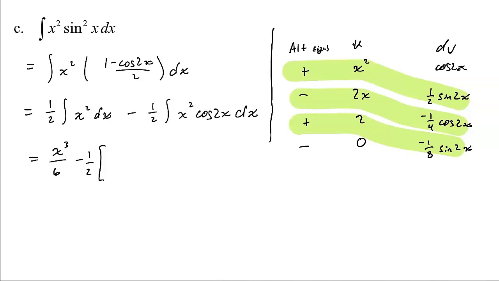So I have x squared sine of 2x over 2 plus x cosine of 2x over 2, since that will reduce, and minus 2 over 8 is 1/4, so sine of 2x over 4 plus c. All right, and you can distribute that 1/2, but I'm not going to worry about it. I'm just going to leave it just like that.